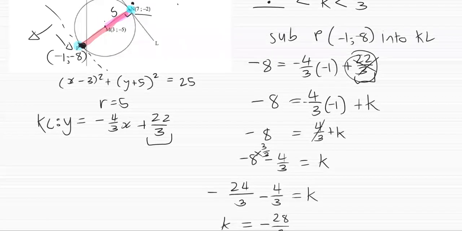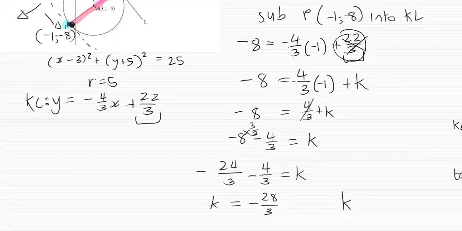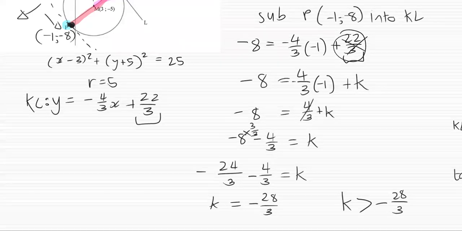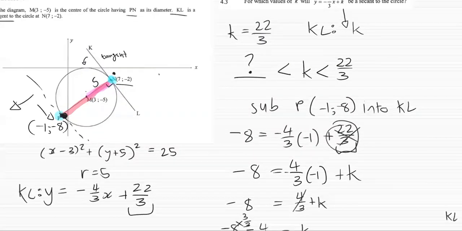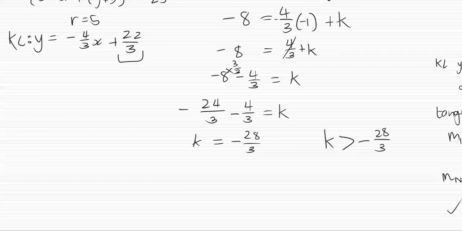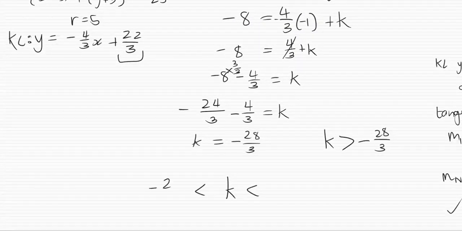So we know that, in order to be a secant, K also has to be larger than -28/3. We put this into this format, so we can just put K must be between -28/3 and the upper boundary of 22/3.